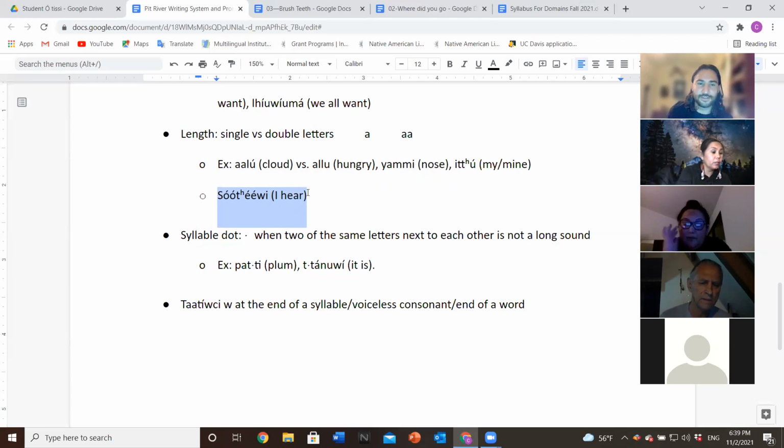Sohtewi. Dad, Sohtewi. Yeah, it's hard. Yeah, that is a hard one. Two highs and a low.